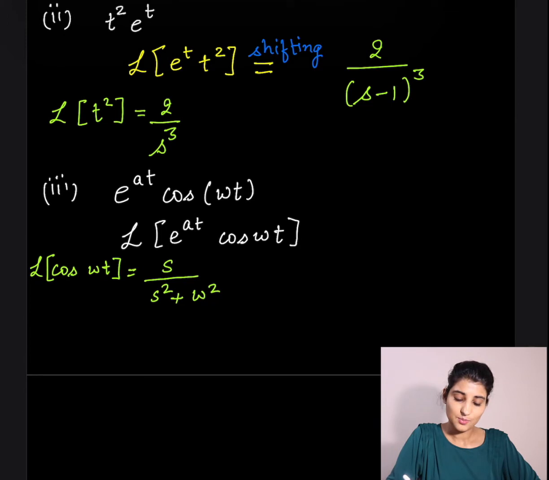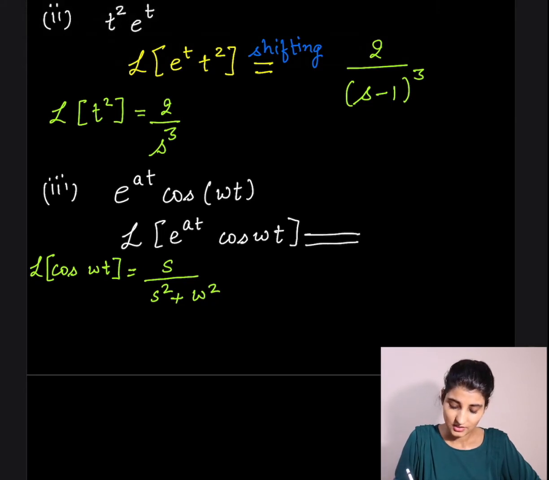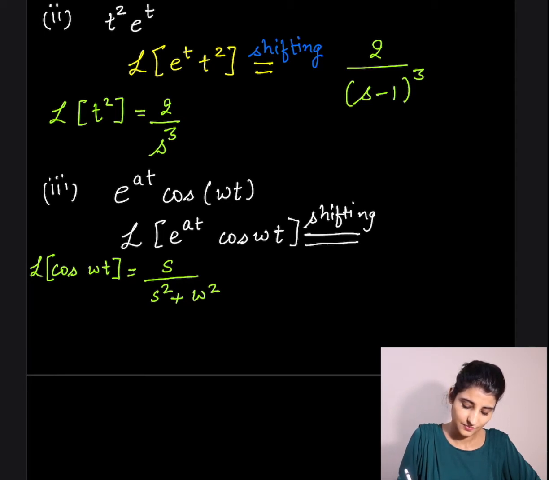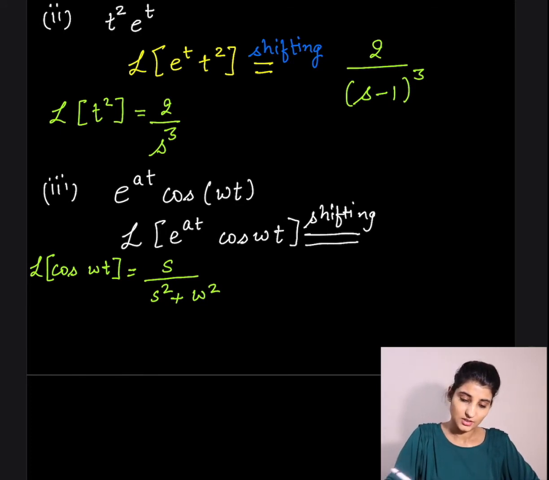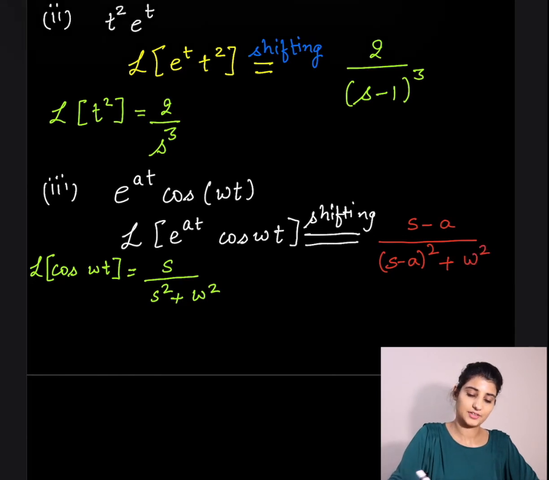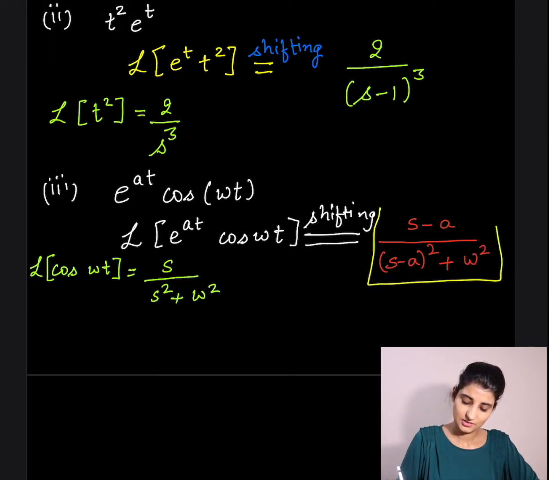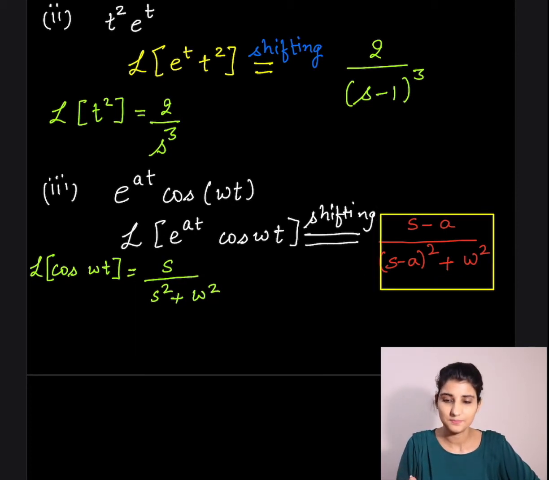If we have e power at multiplied, we use the shifting property, and we are going to replace s by s minus a. So our answer will be s minus a divided by (s minus a) square plus omega square. This is our answer.